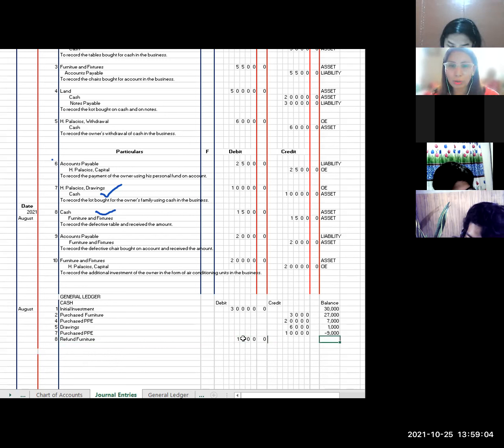So, mag-less tayo. 9,000. Negative 9,000. Meron tayong addition na 1,500. It's now negative 7,500. Tama? So, for this one, meron tayong balance na negative 7,500 as our cash.